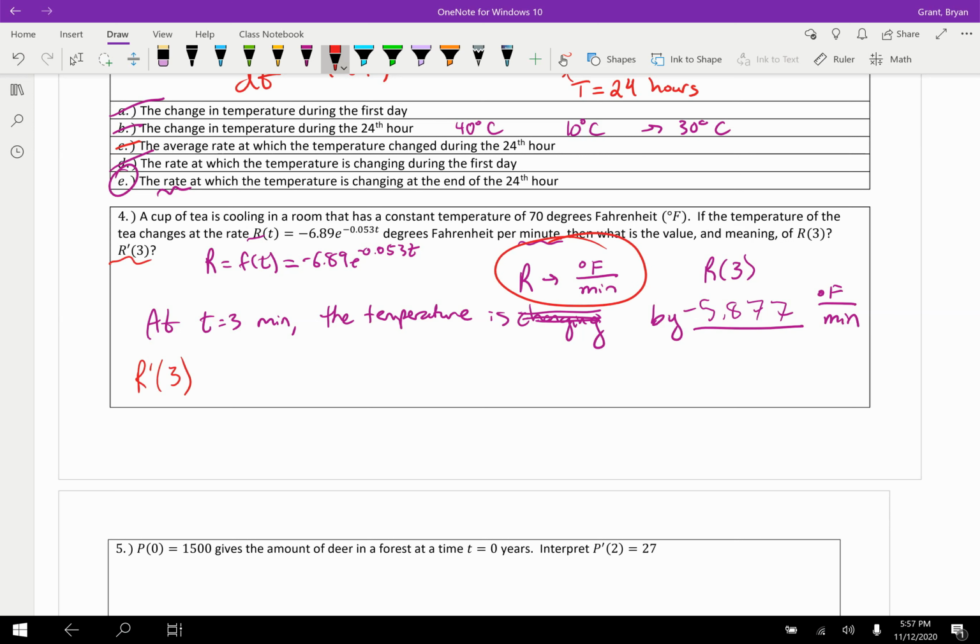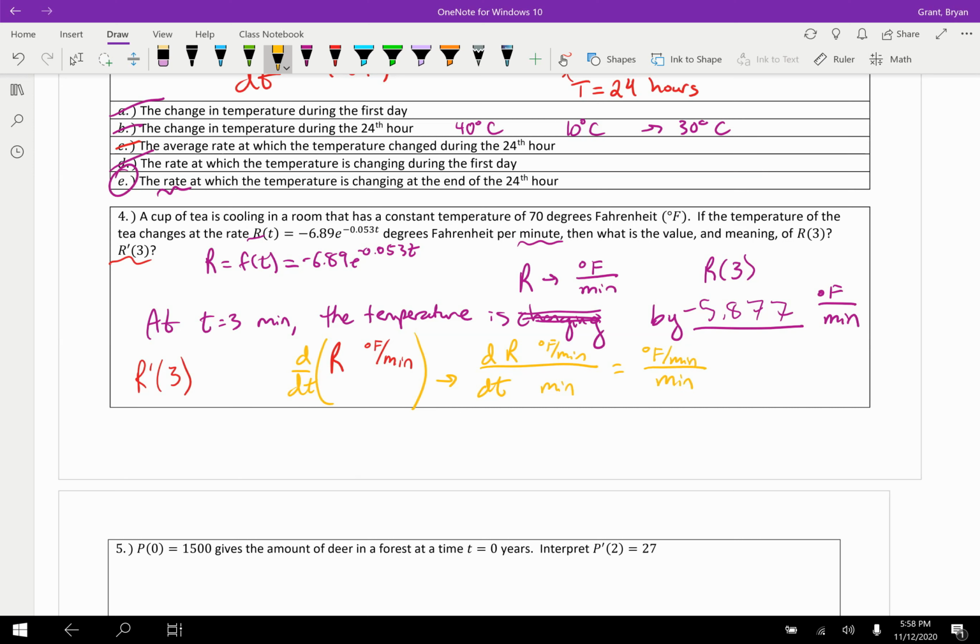Currently R is in terms of degrees Fahrenheit per minute, and I want to do d/dt of this to get R prime. Think about what happens. It's going to be dR, which is already in degrees Fahrenheit per minute, divided by dt, and time is in minutes. So I think my units here are going to be degrees Fahrenheit per minute per minute.